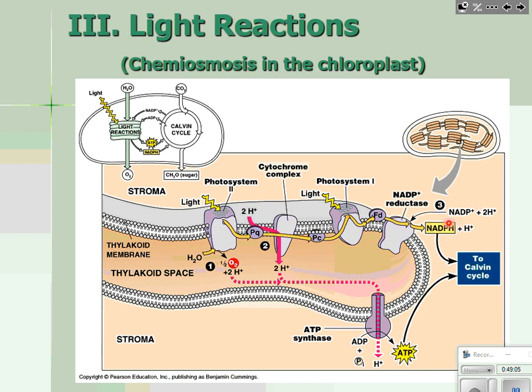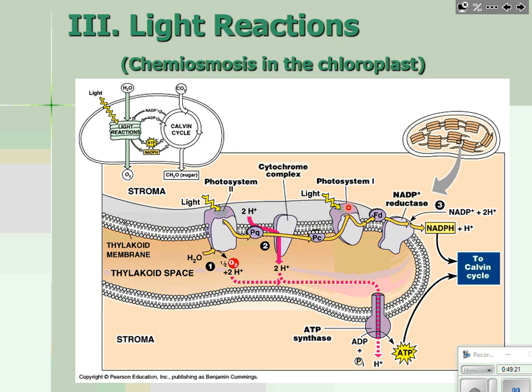Now, let's not forget about our other product of the light-dependent reactions. Remember, light hits photosystem 1. What does that do? It re-excites those same electrons, the ones that were originally over here.